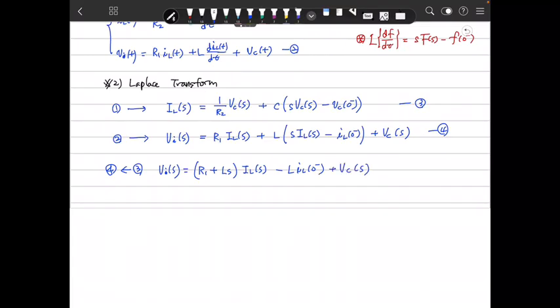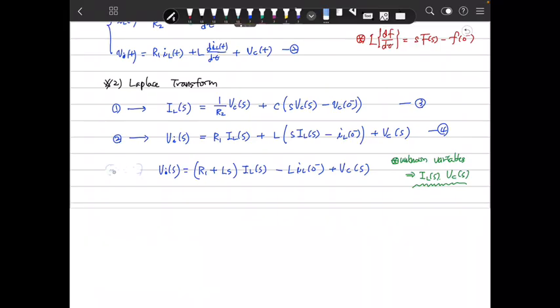We cannot solve the equations. Why? Because there are two unknown variables. There is an IL, the unknown variables here are ILS and VCS. So we need to identify what ILS and VCS are.